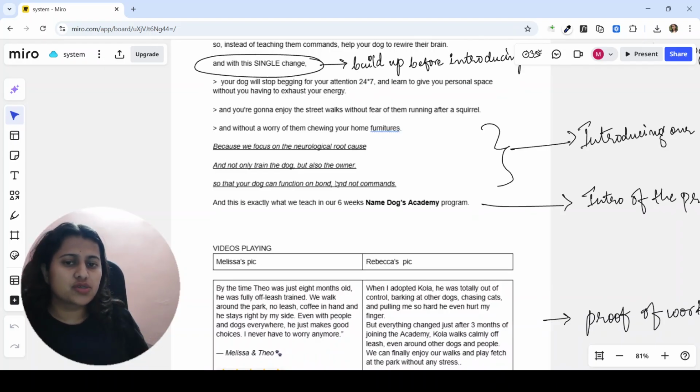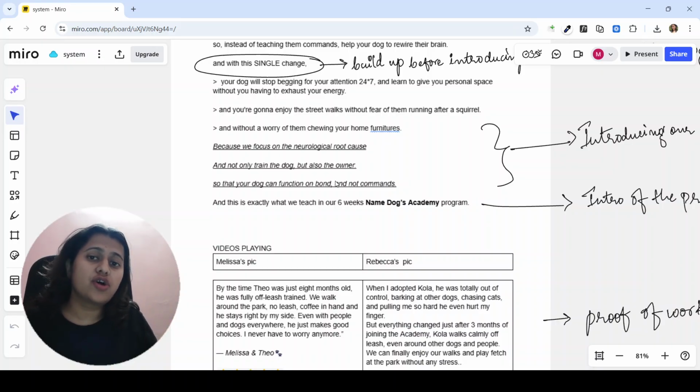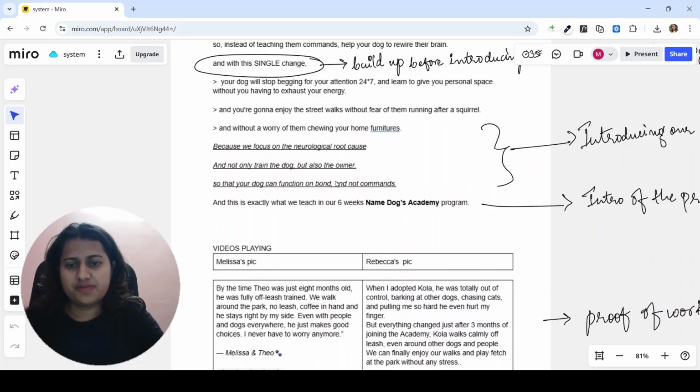Whenever the dog trainer goes away, the dog might act like an angel in front of the trainer, but when it comes to the owner, it might again be a devil, so the owner has to be equally trained.